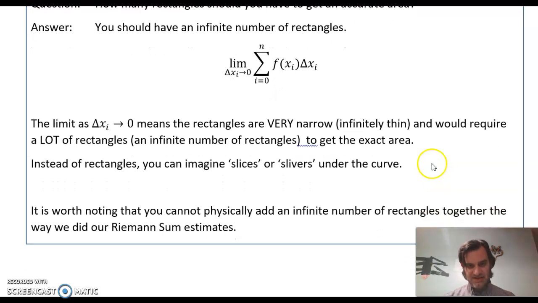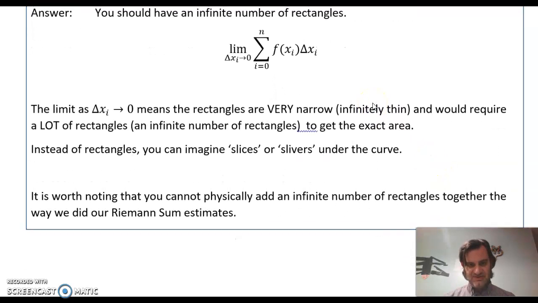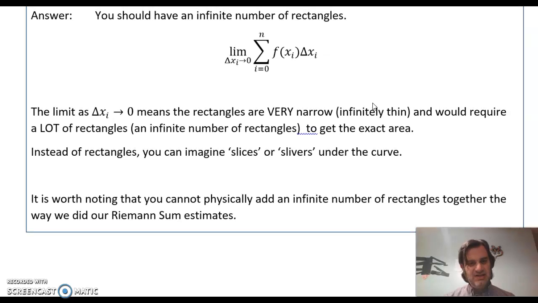Basically what we're trying to say here is we would like as many rectangles as possible. That would be an infinite number, and if we want to talk about that, we would make them almost zero width, so there'd be many of them. Okay, so that's where the limit comes back into play.